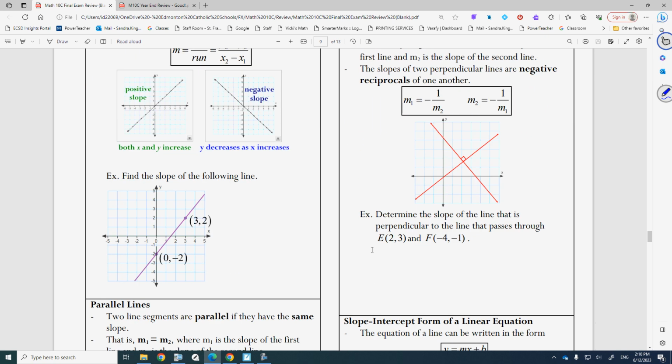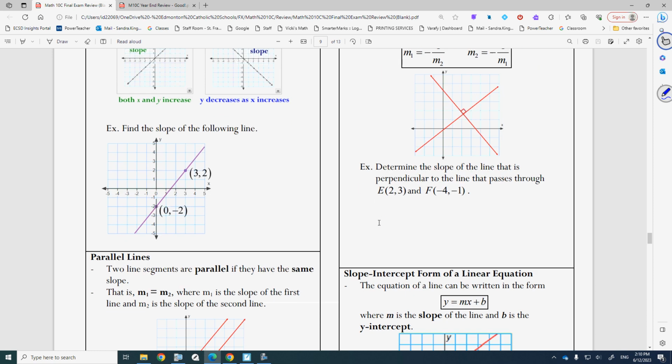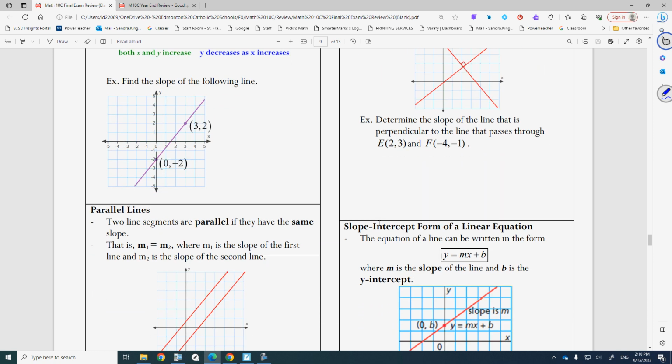We'll review up to parallel and perpendicular lines, pretty much this. Okay, find the slope of this using rise over run. What's the slope of this line using rise over run? So start here and figure out what the slope is.